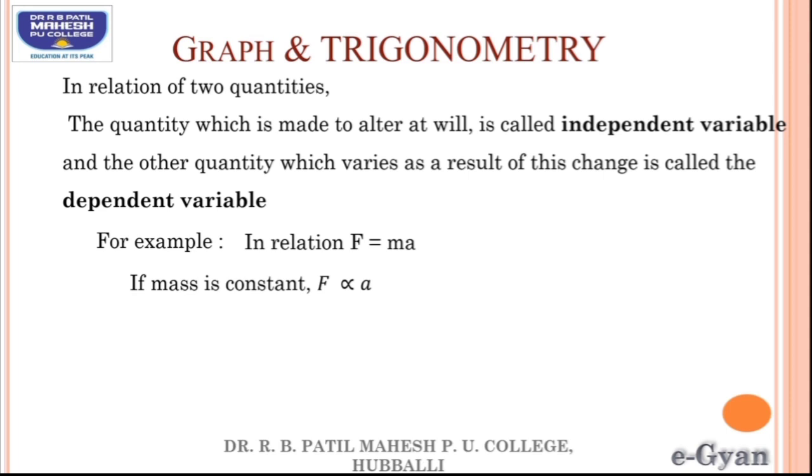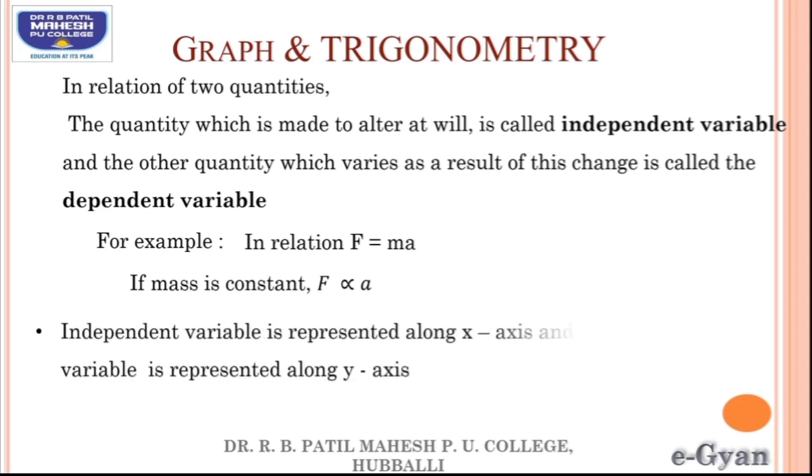Here the value of acceleration depends on the value of force. If you increase the force, the acceleration increases. If you decrease the force, the acceleration decreases. That means acceleration depends on force. Hence, force is the independent variable and acceleration is the dependent variable.